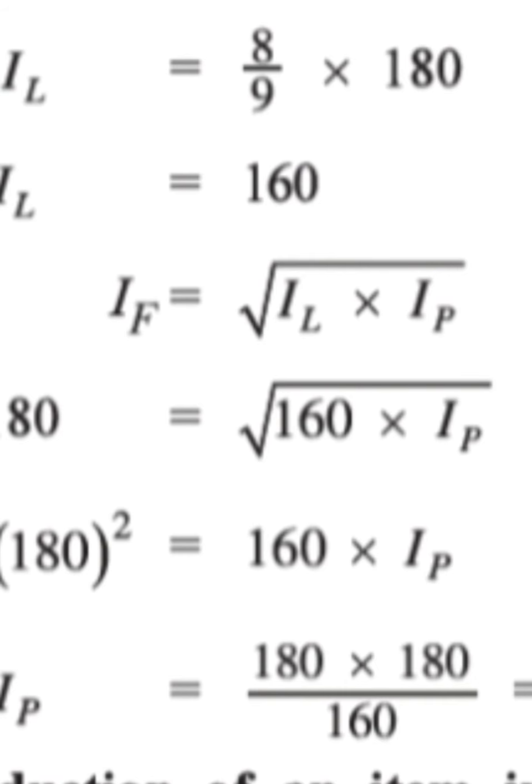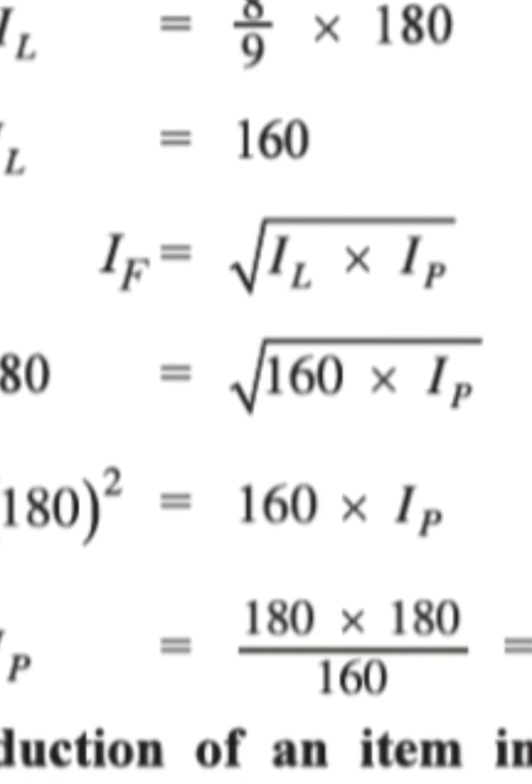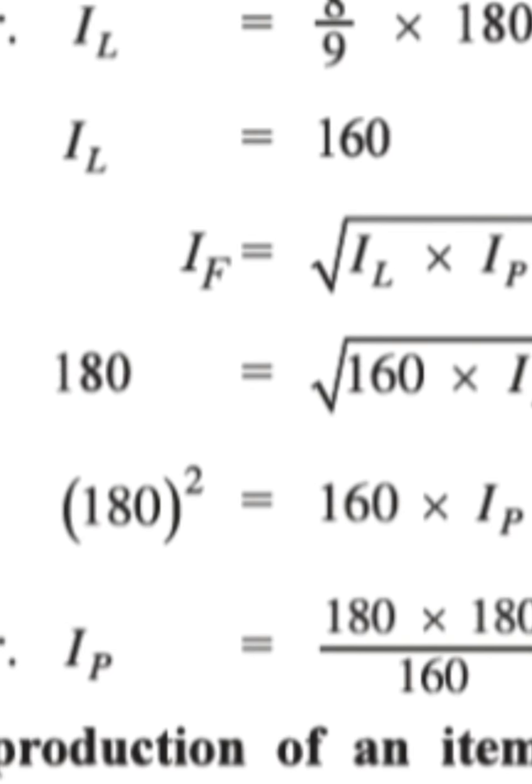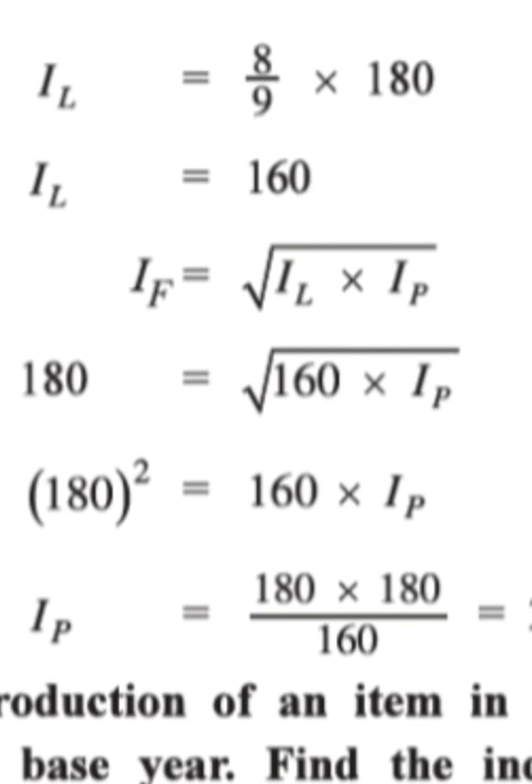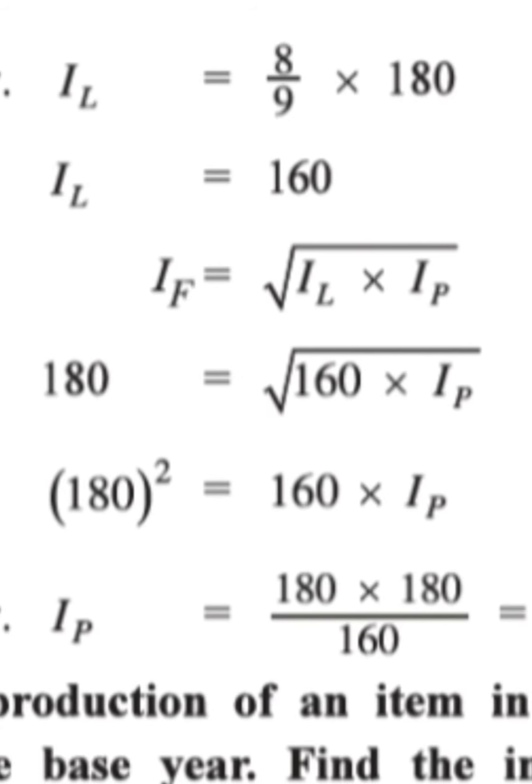Now we have the formula for Fisher's index number, that is IF is equal to under root IL into IP. For Fisher's index number you will put up the value, that is IF, 180, is equal to under root of IL, which we just now found out, that is 160, into IP.